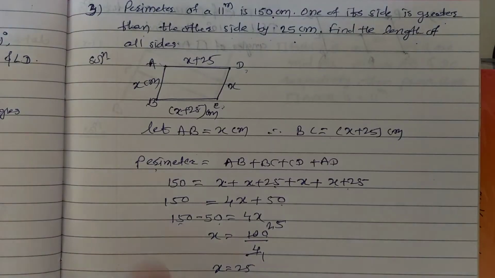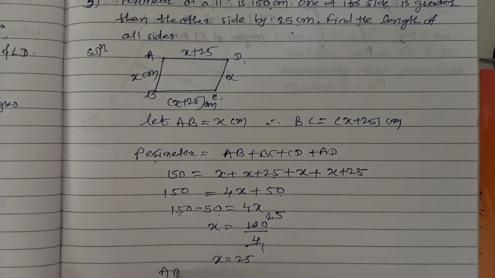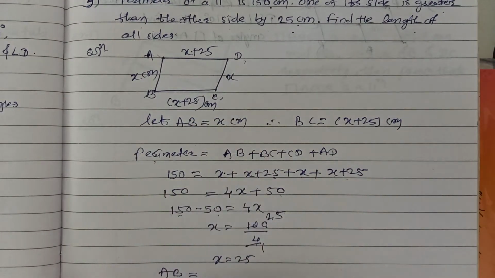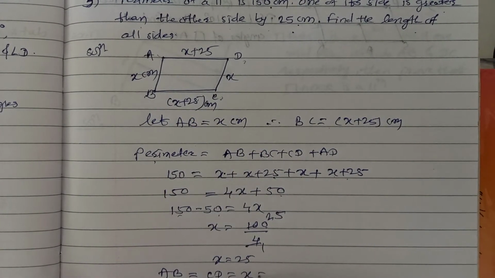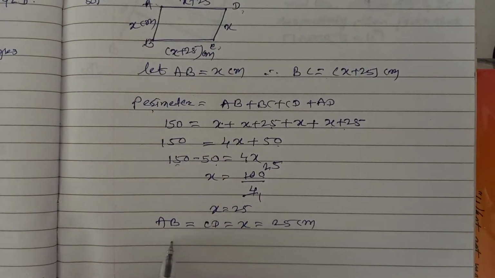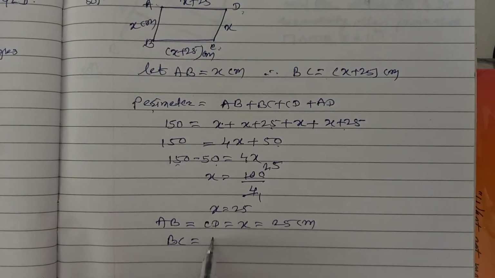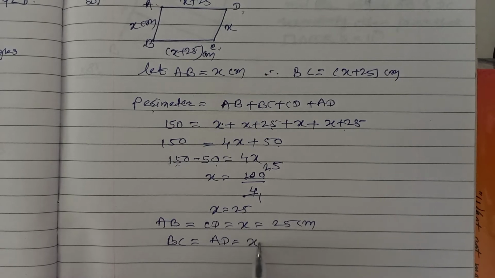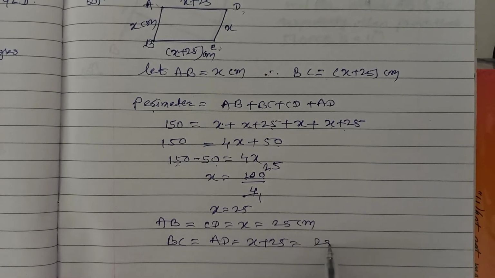So X is what? AB. So AB is equal to CD, both are x, so x is equal to 25 centimeter. Then BC is equal to AD is equal to x plus 25, means 25 plus 25, it is 50 centimeter.